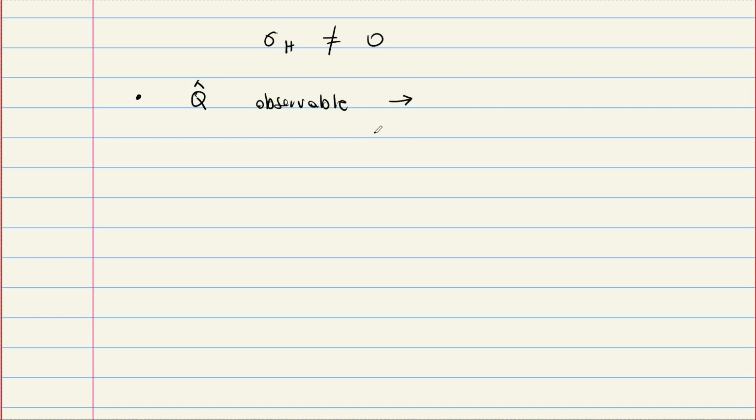And it has to have real eigenvalues. So let's calculate the variance, sigma of Q squared, is going to be equal to, this is an expectation value in some state, which you are going to find in a little bit, of Q minus the expectation value of Q. If you want, I can put hats.